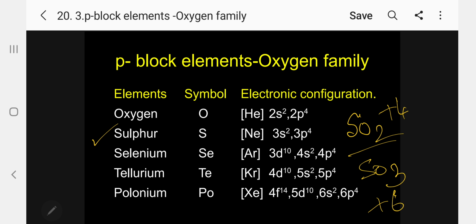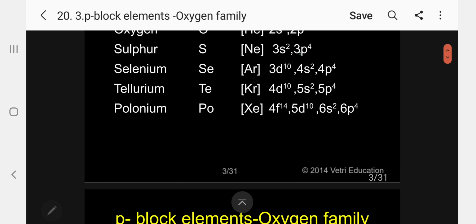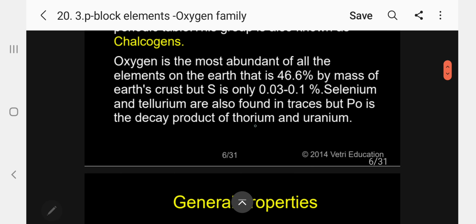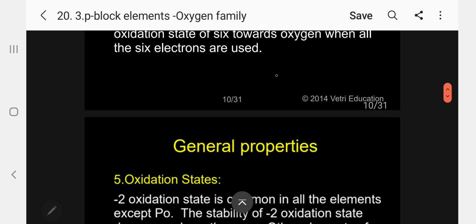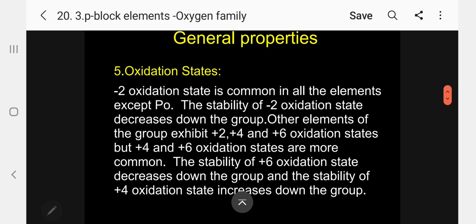So the oxidation state normally varies. Here oxygen is -2. Kindly follow. When all other elements are combined with oxygen, because of the high electronegativity of oxygen, the other elements have a positive oxidation state. This is the most important information you must have in mind. Please follow. That is given clearly under the oxidation state.